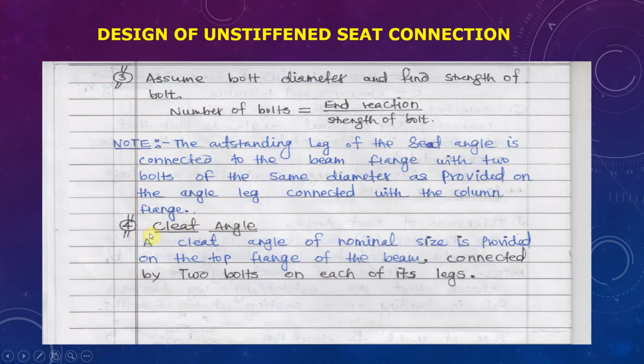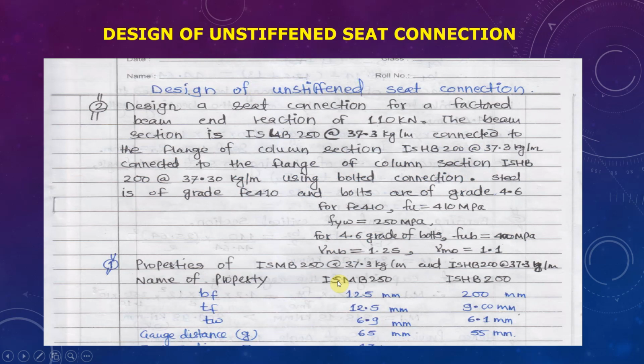Next we have to select a cleat angle. A cleat angle of nominal size is provided on the top flange of the beam, connected by two bolts on each of its legs. So this is about the design steps of the unstiffened seat connection.